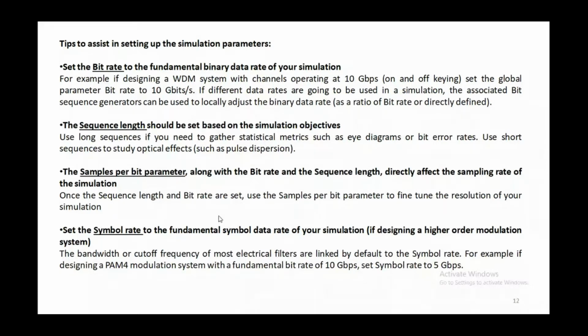For example, if designing a pulse amplitude modulation, PAM4, system with a fundamental bit rate of 10 Gbps, set the symbol rate to 5 Gbps. In this way you can set the simulation parameters, and these are really helpful to give you a good, fine output.